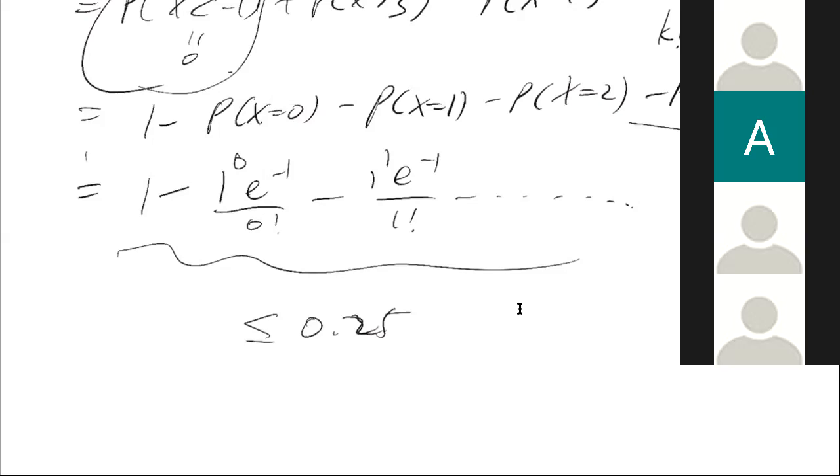So the mean for a binomial is np, which is half times 100, which is 50, and the variance is npq, which is 25. So the SD is the square root of 25, which is 5.